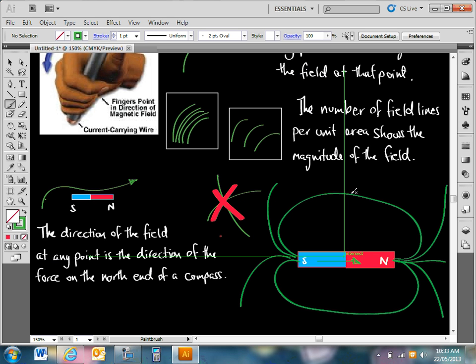Therefore, outside the magnet, it must have north to south if it continues on, as if it were rotating through the magnet, okay? As if it were rotating through the magnet.